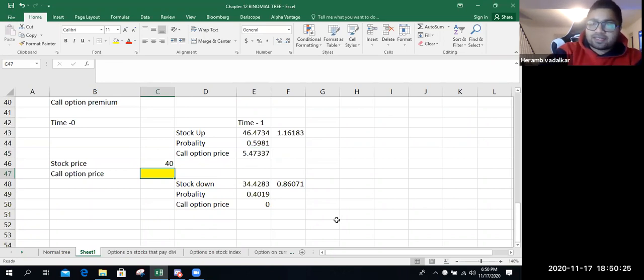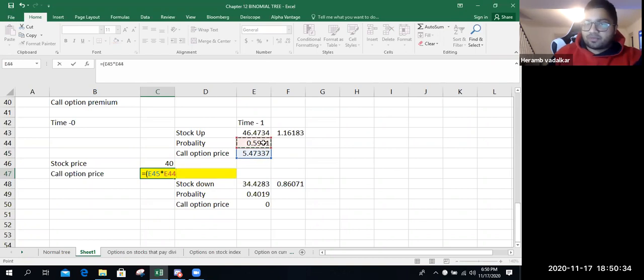So call option price at time 0 equals call option price if it goes up into probability of going up, plus call option price if it goes down into probability of going down. So up probability multiplied by call option price, down probability multiplied by call option price.